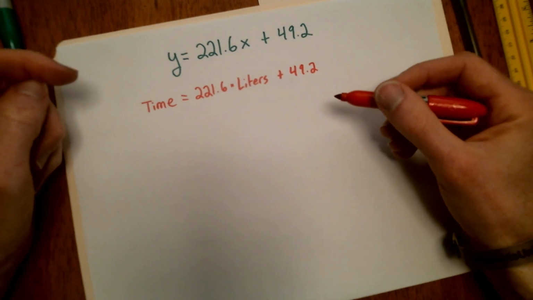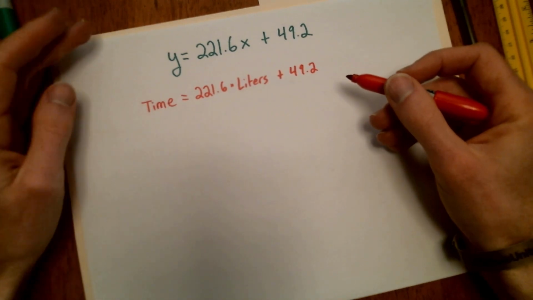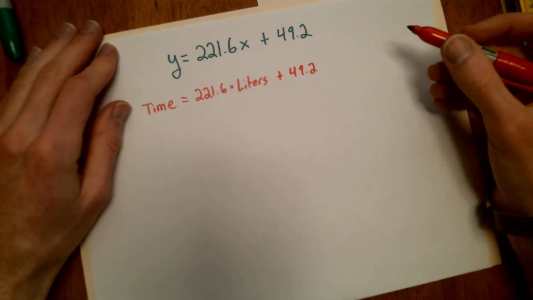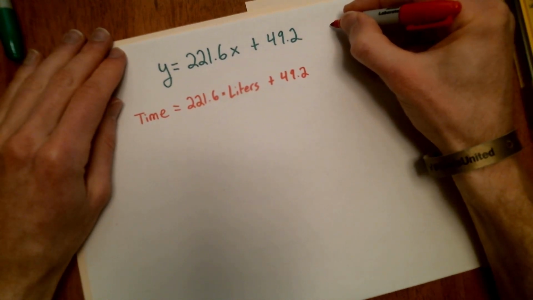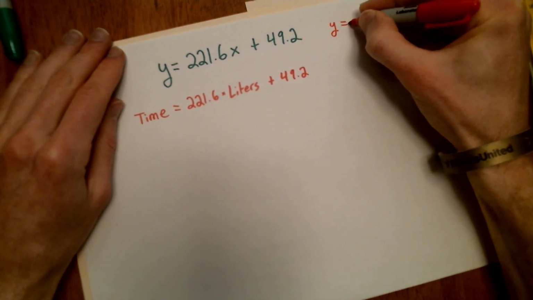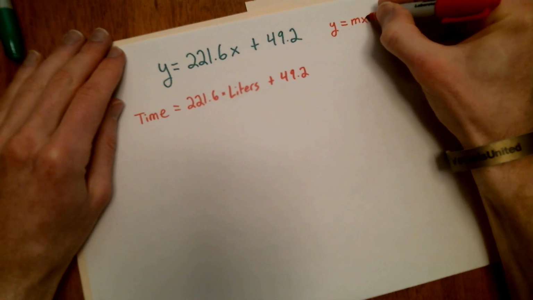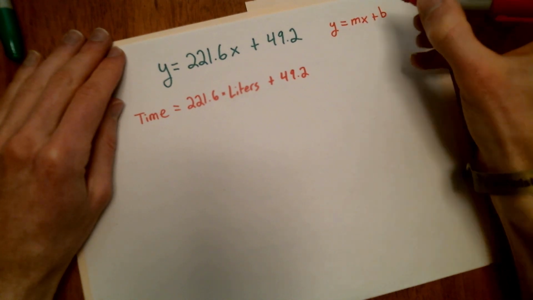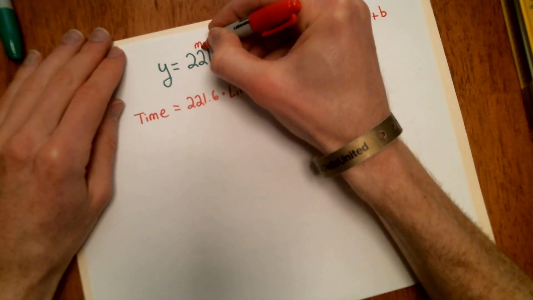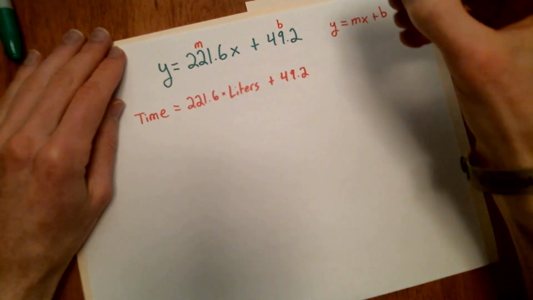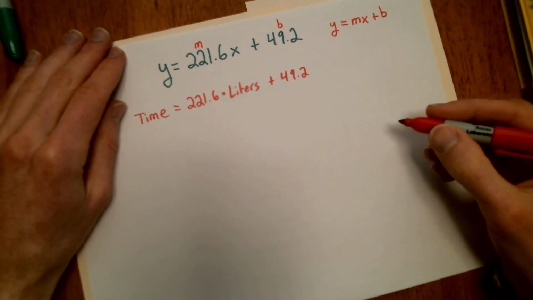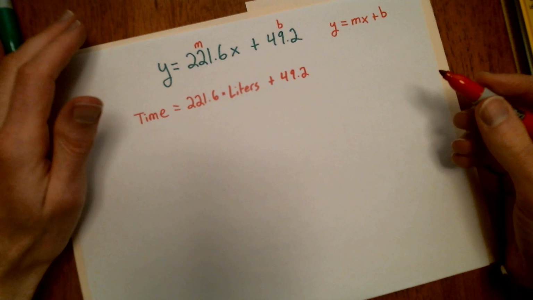Now, this is a linear equation, and you might remember that linear equations have the general form y equals mx plus b. There's our m, there's our b. All right? What does that mean, right?